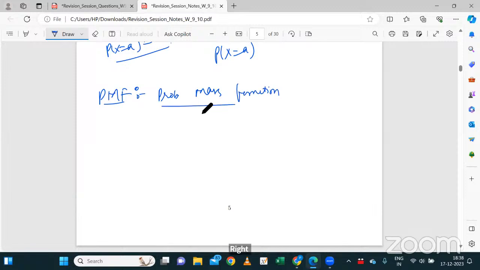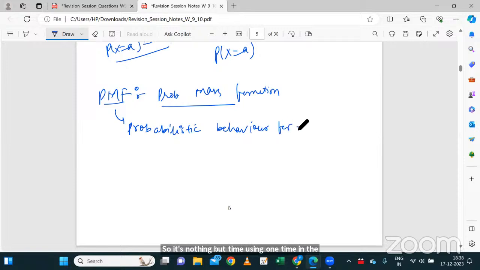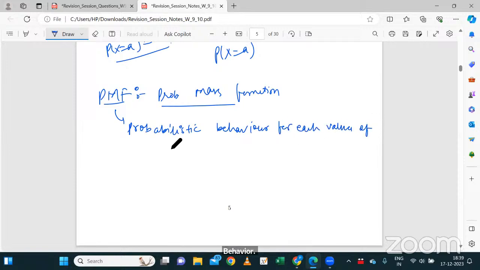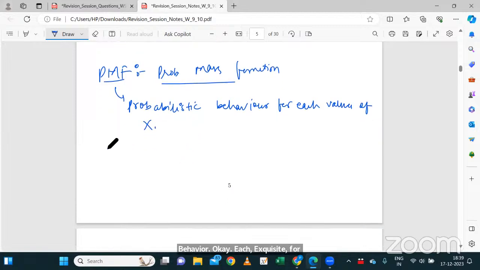What's the meaning of PMF basically? I'm using one terminology: it's the probabilistic behavior for each value of x, meaning for each value of the random variable. What do I mean by probabilistic behavior? Suppose my random variable x takes values x1, x2 up to xn.